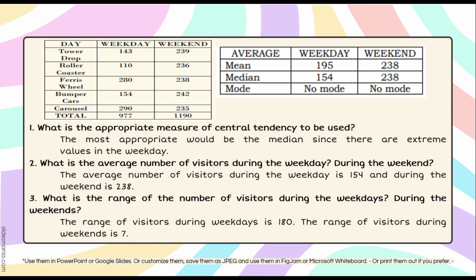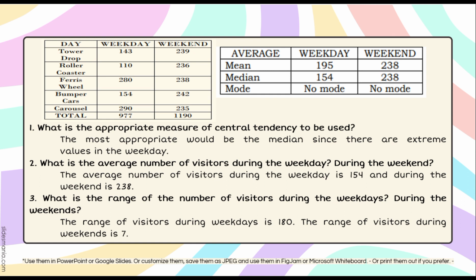So what will be our conclusion based on the table we have here? Thus, the management should open the amusement park during weekends. Why weekends? Because as we can see here in the table, in weekends, we have more visitors coming during these days. There are consistent numbers of visitors per ride.